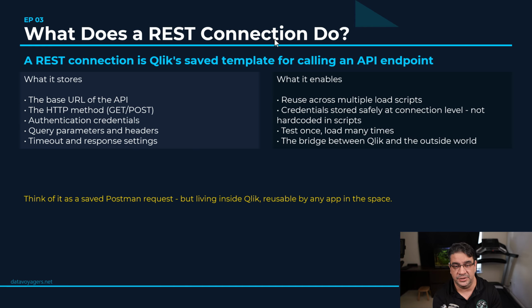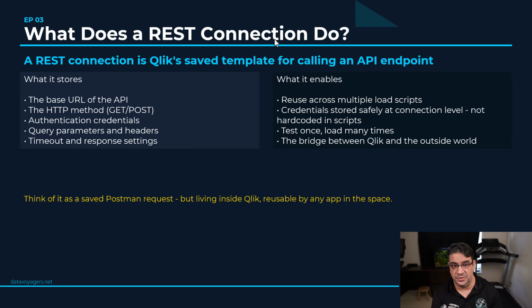Why is this required? So the REST connector, it's where you put the HTTP method. Whether it be a get or post, Qlik supports only those two. The URL, also things like timeout, the authentication, the pagination methods, the headers, both query and header parameters.